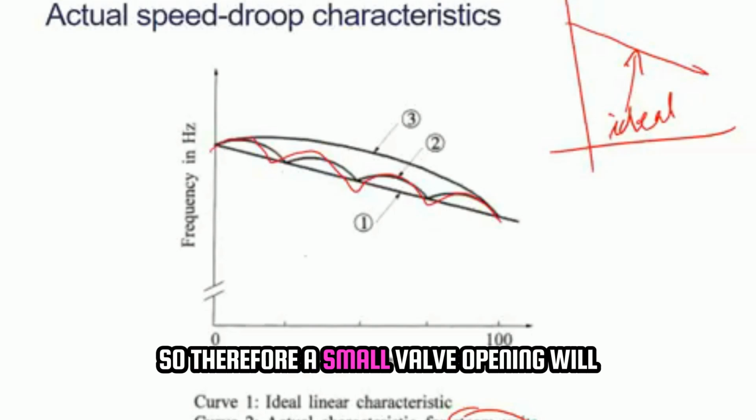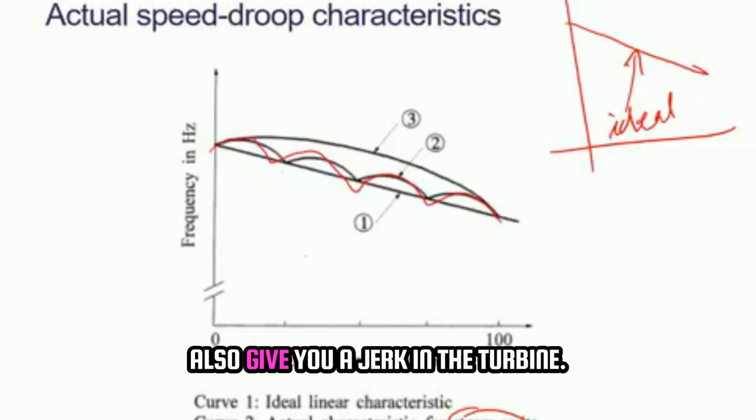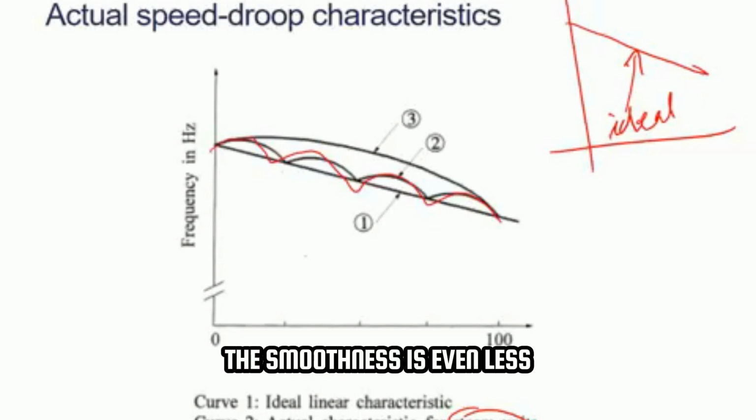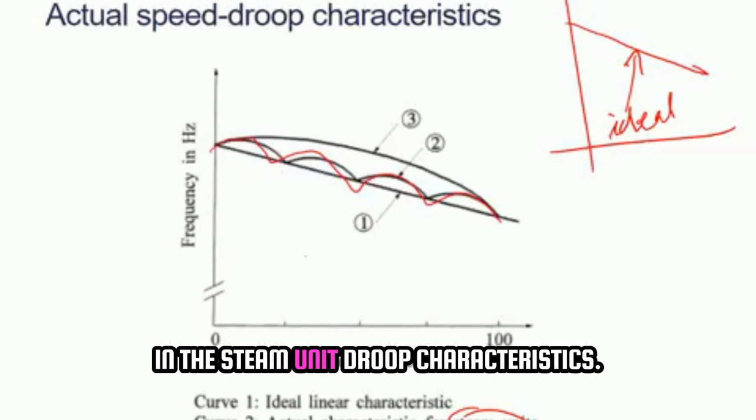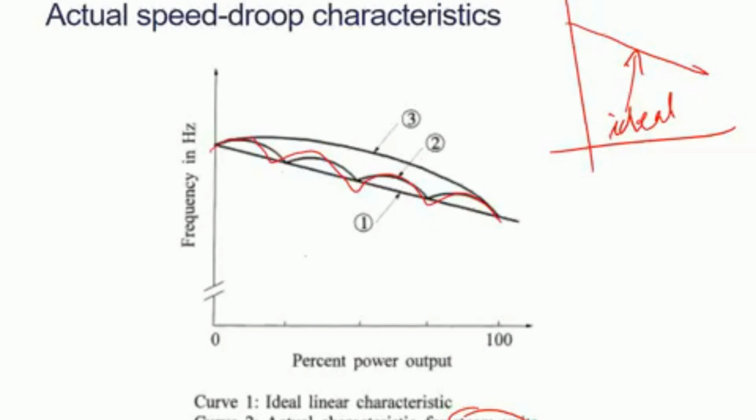Therefore, a small valve opening will also give you a jerk in the turbine, and as soon as you open a bit more, more jerk will be there. So that's why the smoothness is even less in the steam unit droop characteristics.